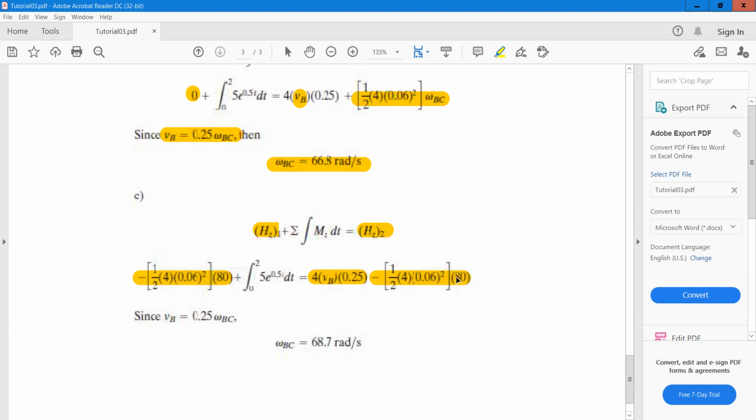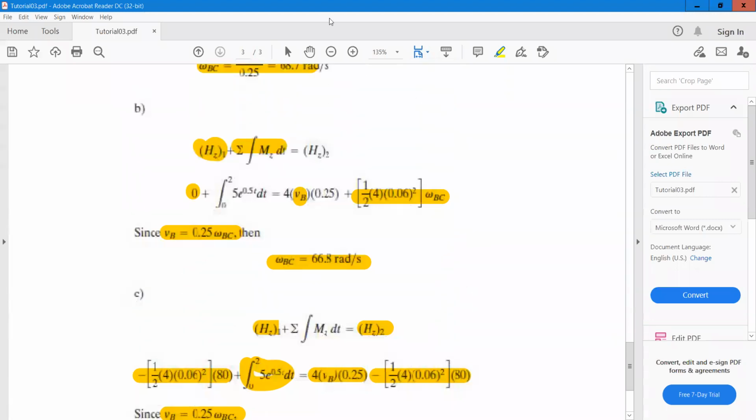So this time again we substitute VB equal to 0.25 times omega BC, and the angular impulse is calculated like the previous parts, and we can obtain that omega BC is equal to 68.7 radian per second. Okay, so this is the third case.